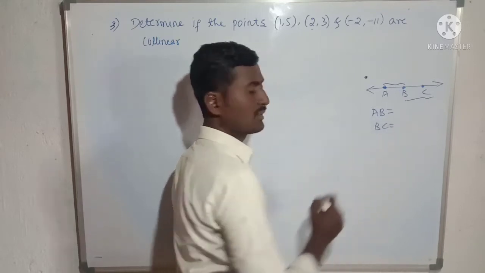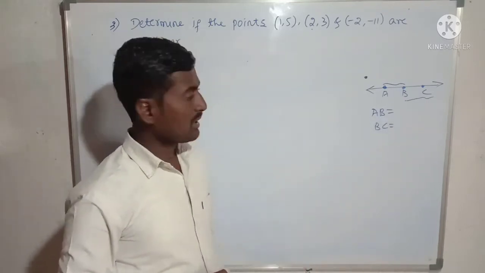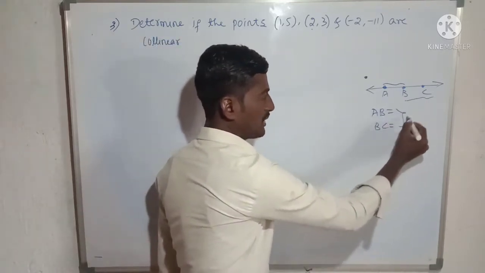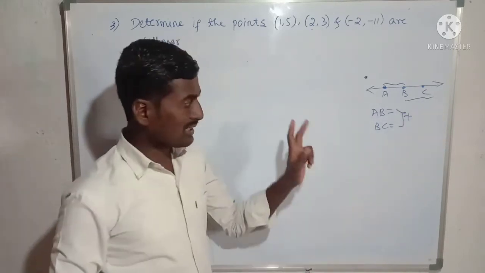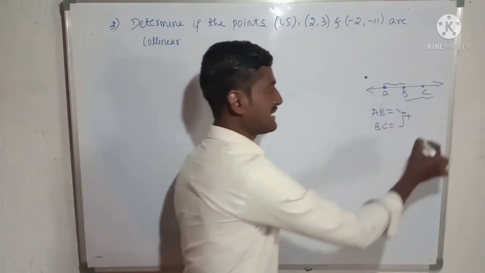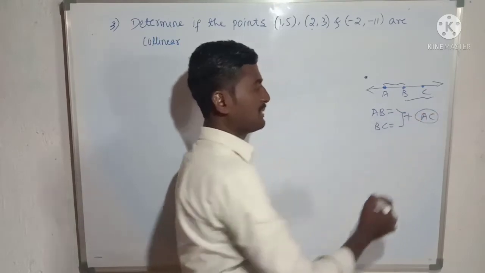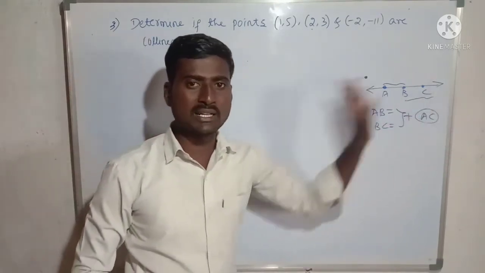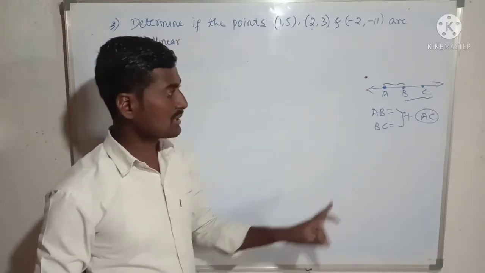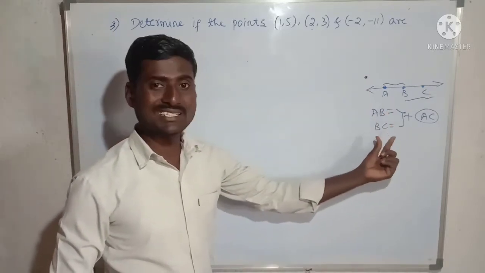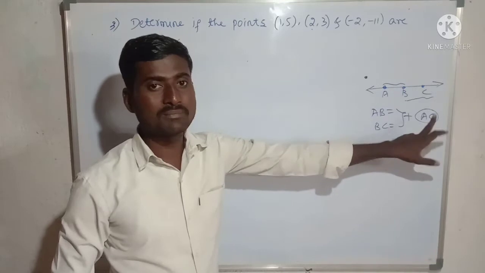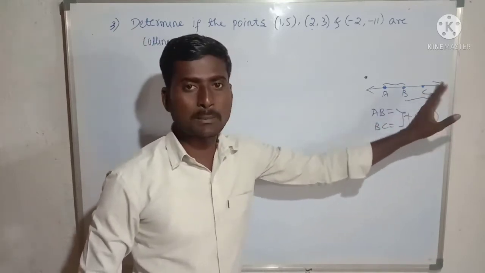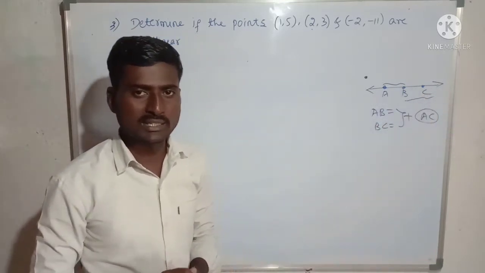Then you add these two. If you add these two, you should get the same distance as AC. If AB plus BC equals AC, then these 3 points are collinear. If AB plus BC is not equal to AC, then these 3 points are not collinear.